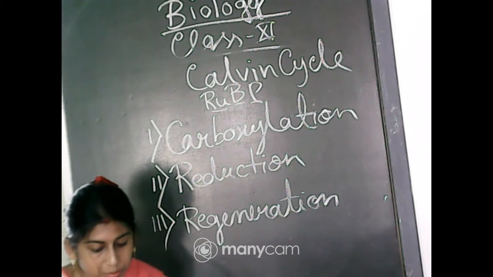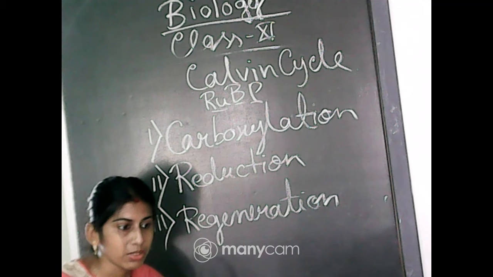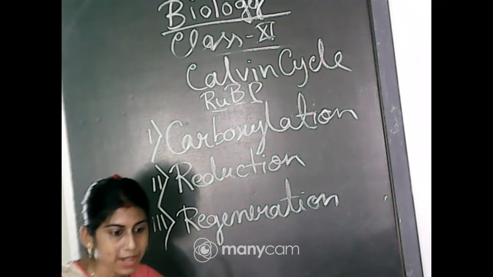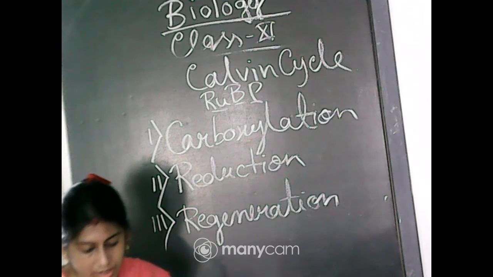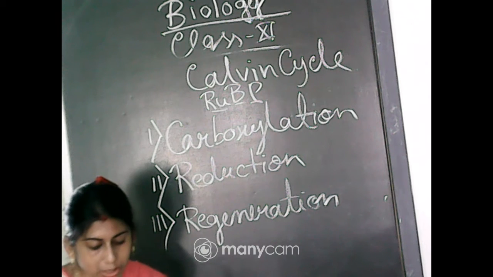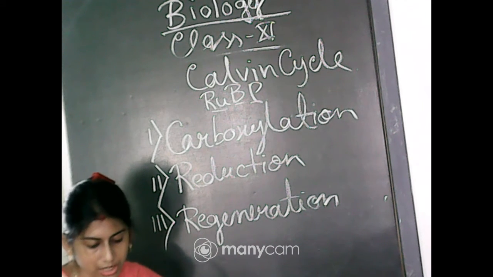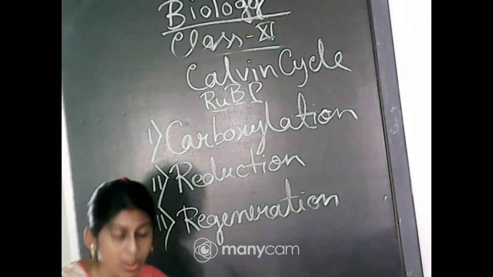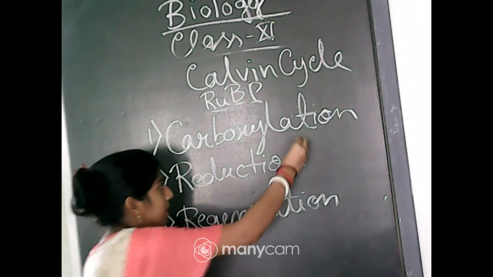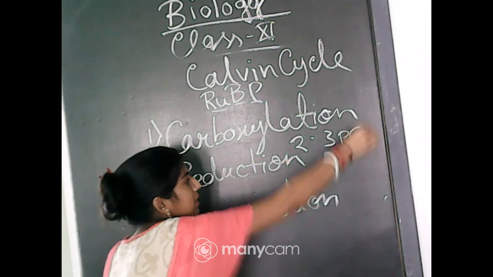RuBP, ribulose bisphosphate. And you know that different enzymes are required for reactions. For this particular reaction, the enzyme required is called RuBP carboxylase, which results in the formation of 2 molecules of 3-PGA.